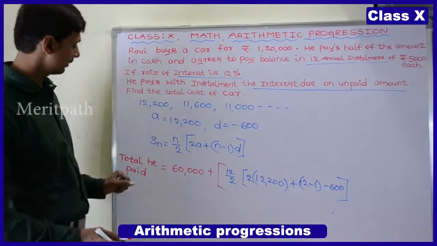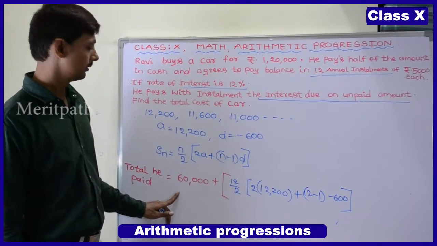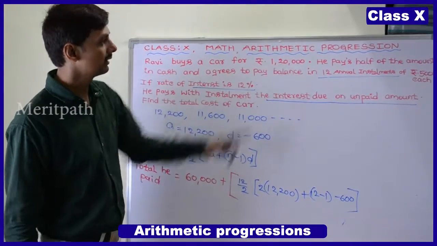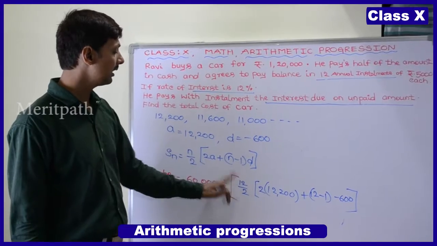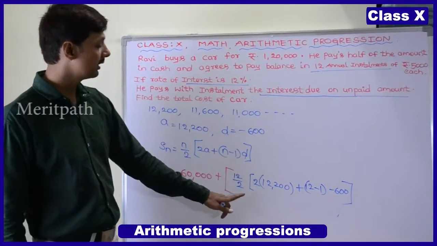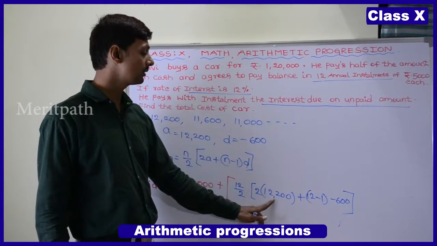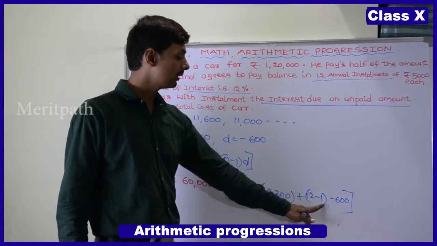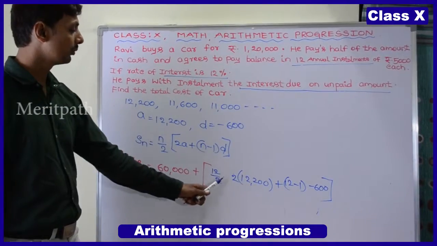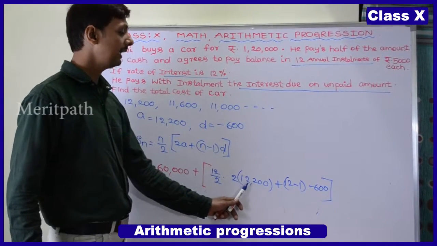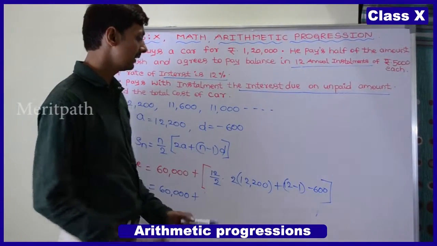So let us see again: the total he paid is 60,000 plus 12 by 2 into 2 times 12,200 plus 12 minus 1 into minus 600.